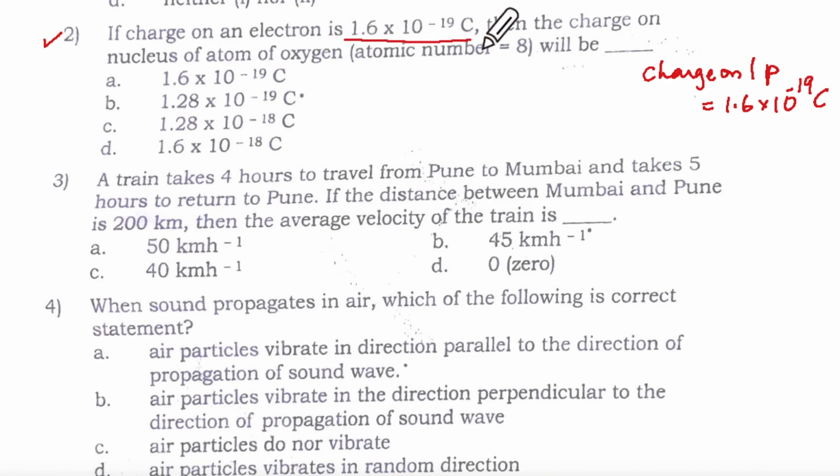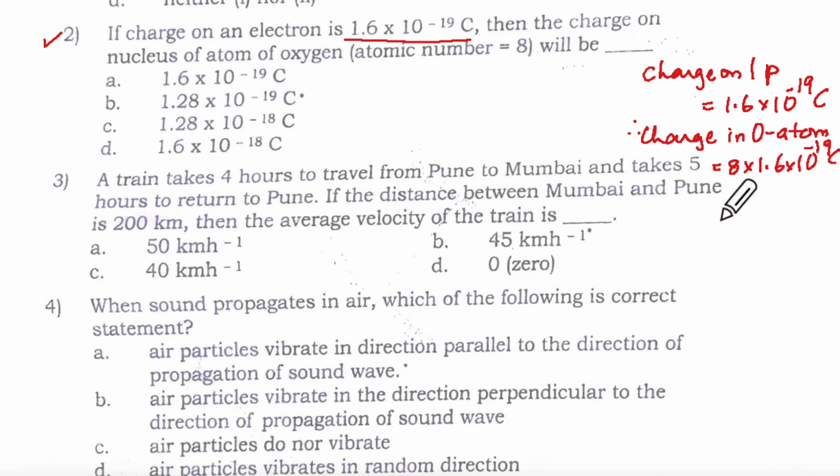And oxygen has 8 protons inside, so therefore the charge in an oxygen atom will be 8 multiplied by 1.6 into 10 to the power minus 19 coulomb.